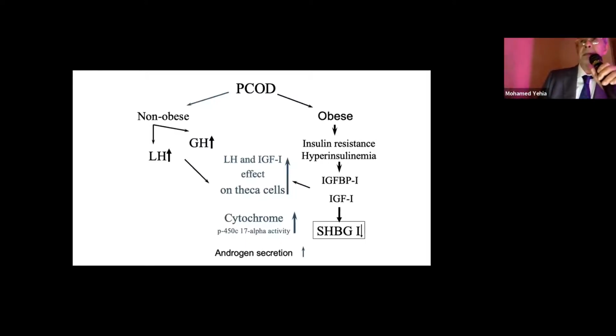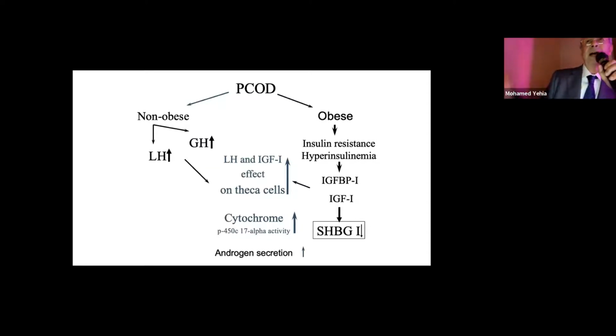That's the typical pathway we spoke about. However, in non-obese patients, the main pathology is increase in LH and in growth hormone, which act on theca cells, which again will lead to insulin growth factor 1 effect. And there is a contribution of the genetic predisposition in this.